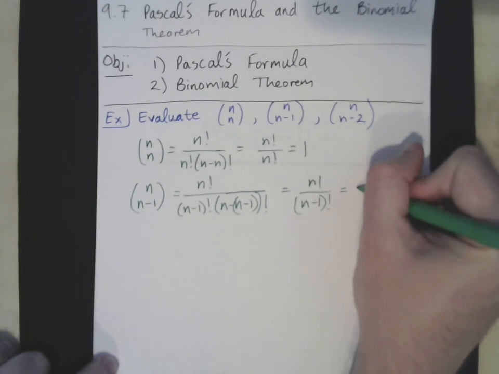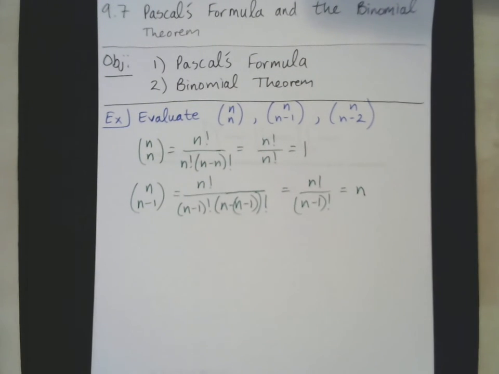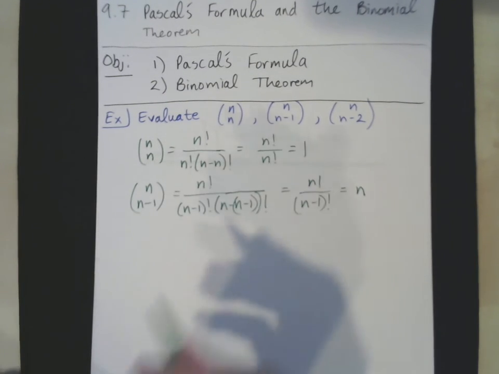And so this just becomes n. So if you have n objects and you want to split them up n minus 1 different ways, there's only n ways because you leave one off every single time. You can leave off any one of your options, so for a total of n options.